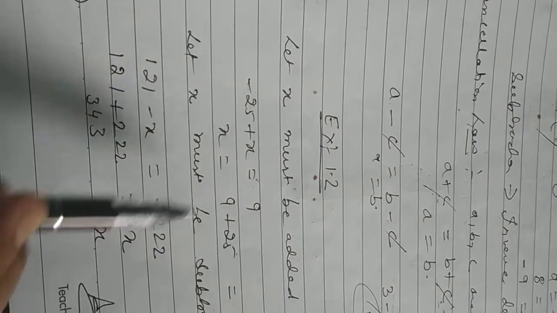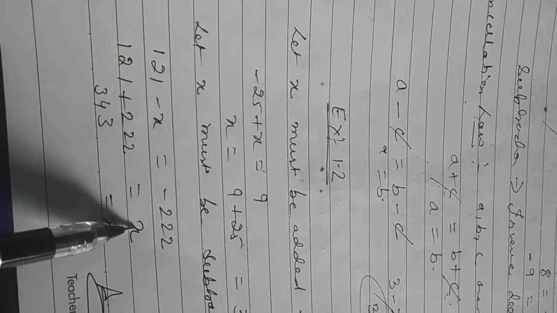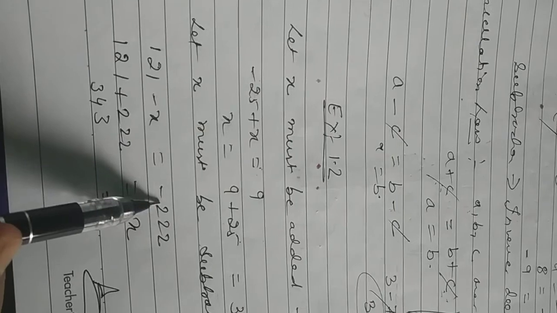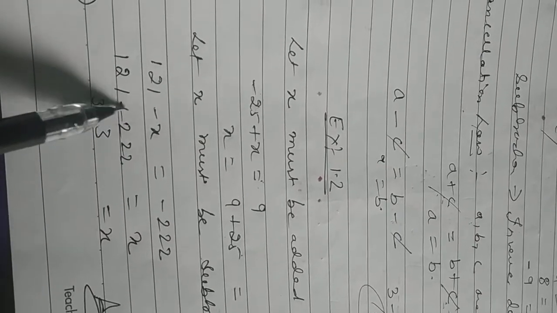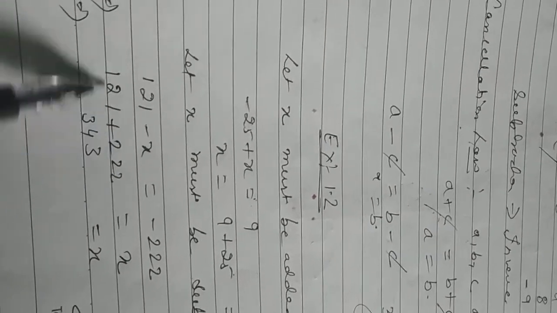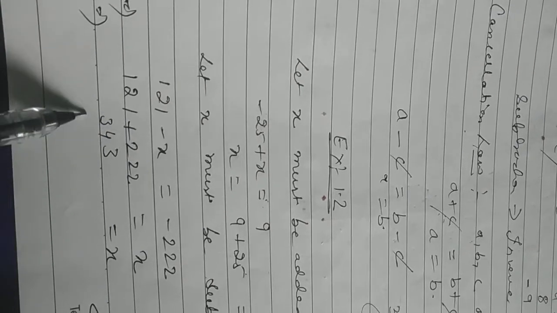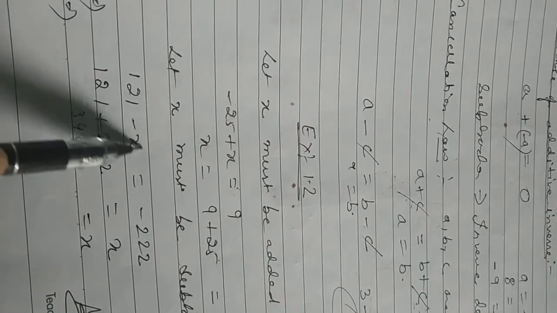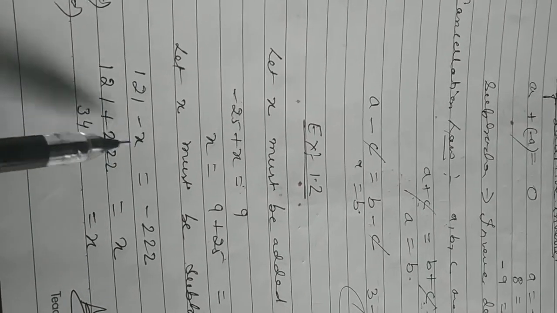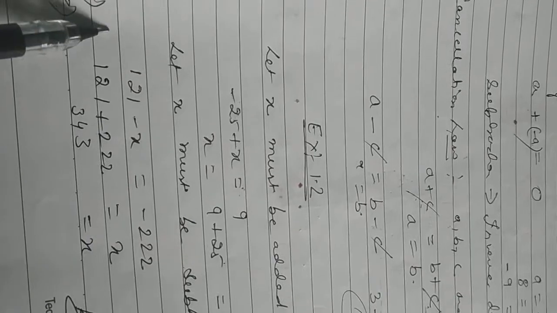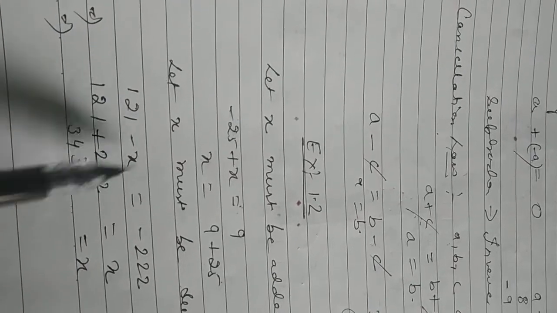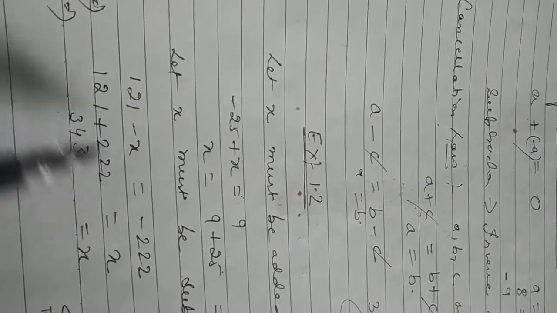It's better you bring x this side, minus x will come this side, it will become plus. And minus 222 will come this side, it will become plus. Now add these two, we will get x value. 2 plus 1, 3; 2 plus 2, 4; and 2 plus 1, 3. 343 is the value of x. Means we should subtract x from 121 so that we get this value. You can check it by placing the x value here.